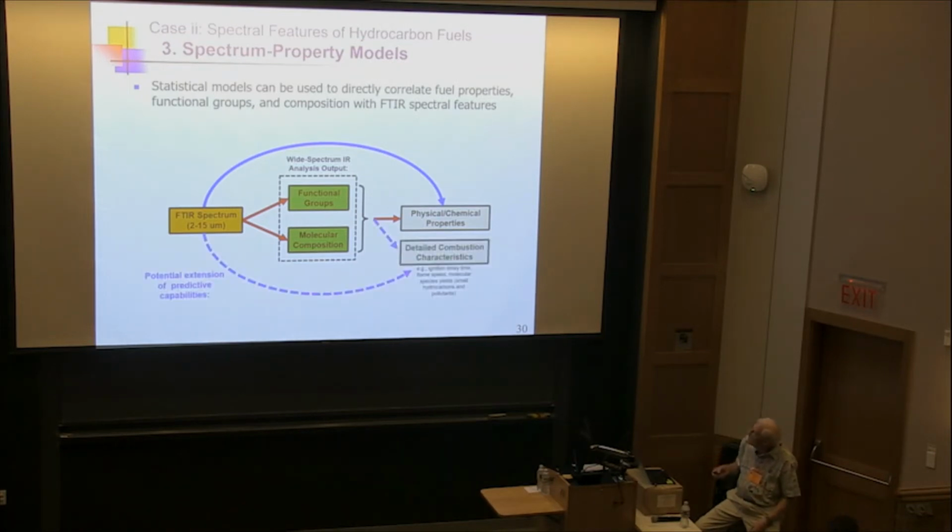What's new for us is to ask a new question. Can we go directly to some combustion properties, like ignition delay, derived cetane number, flame speed? We already think we know how to do it by going through the functional groups, because we've got to be able to predict the kinetic behavior. So we want to build, say, a detailed kinetic model.